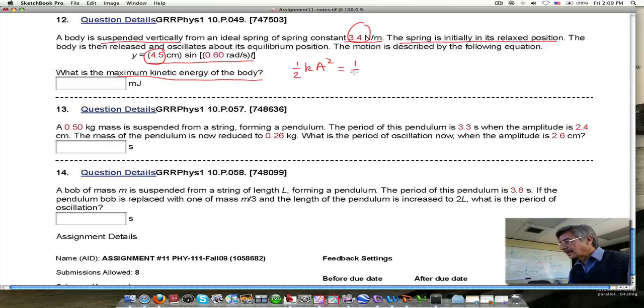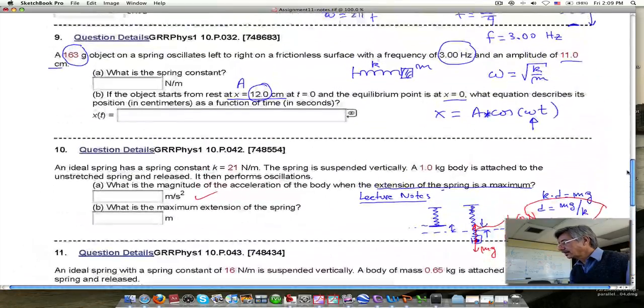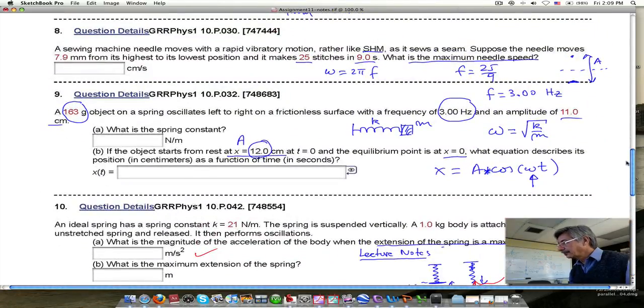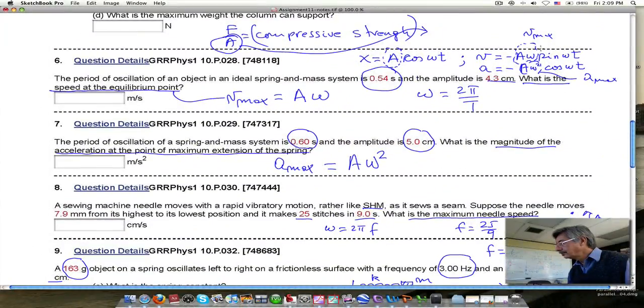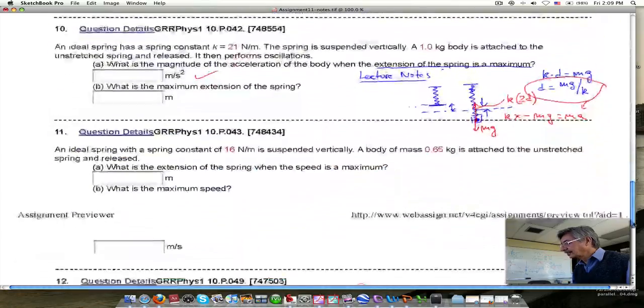To prove this, actually, you can write that this is the mass times the maximum velocity. And we have said that the maximum velocity is the amplitude times omega, from the previous equation when we talked about the maximum velocity.